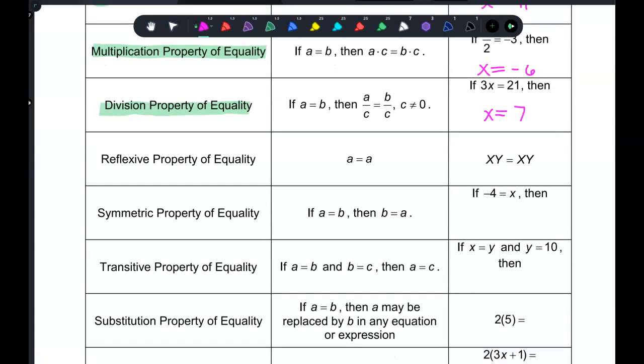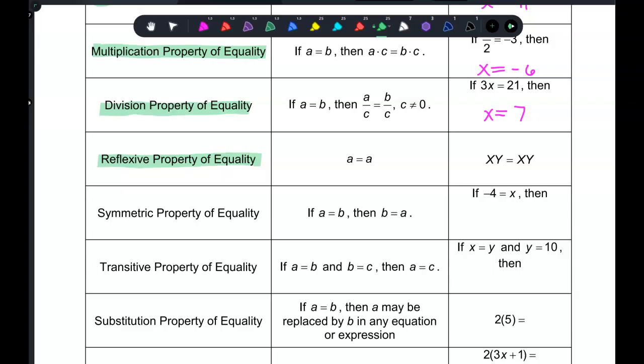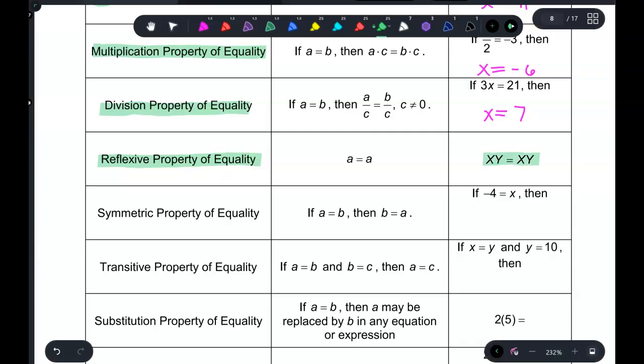Okay, the next 3 are going to be used a lot when we do geometry proofs. But for right now, we need to know how they're used in general. So the reflexive property is basically when something's equal to itself, like a reflection.